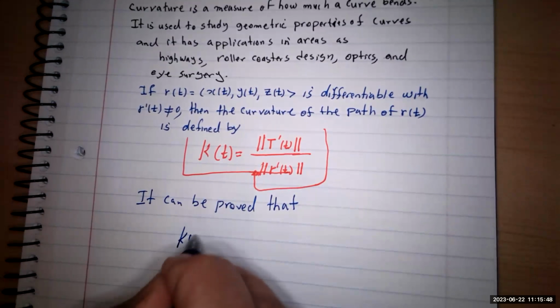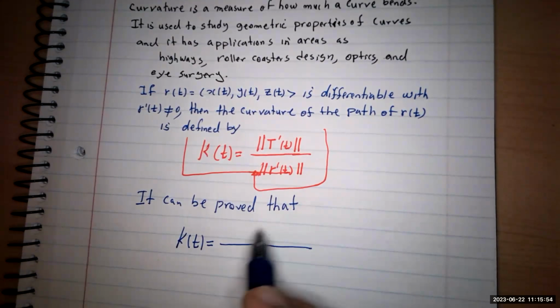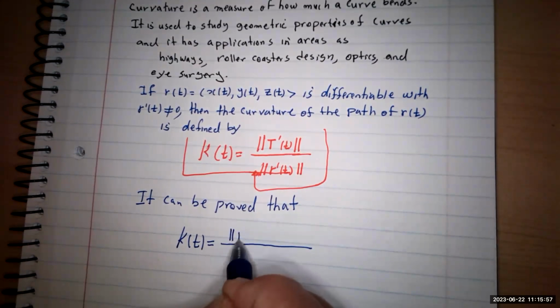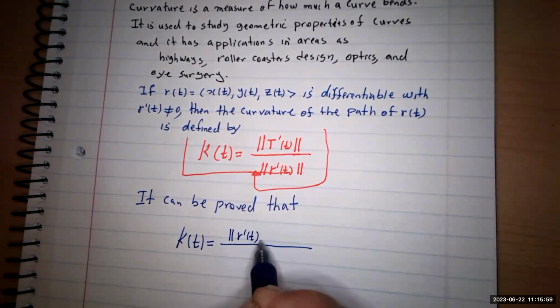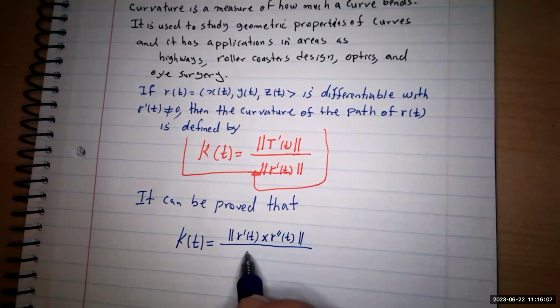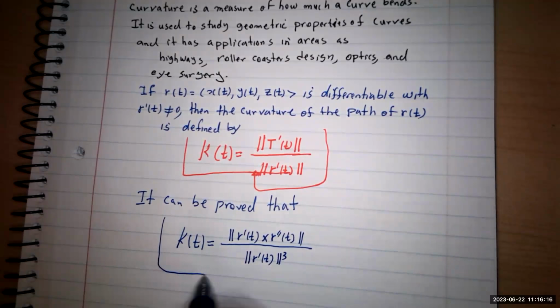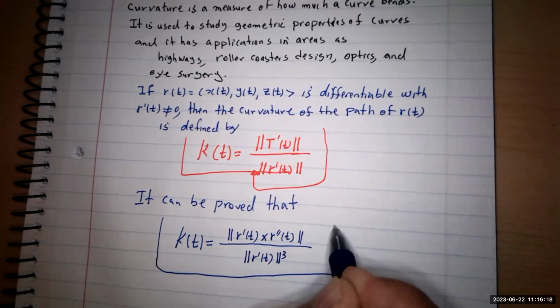This is the version that we're going to use. If you do the algebra, the top ends up as the norm of r prime of t cross r double prime of t, the cross product of these two vectors, divided by the norm of r prime of t, all cubed. That's the popular form of the formula for the curvature that we're going to use.